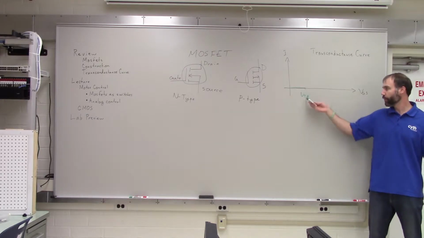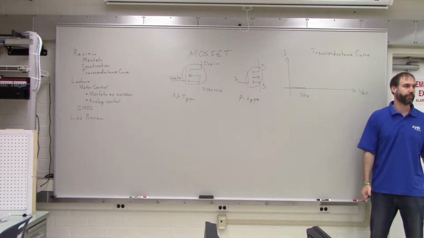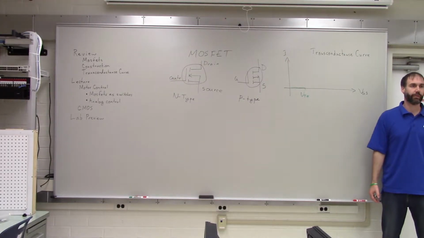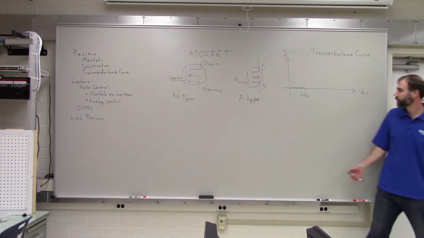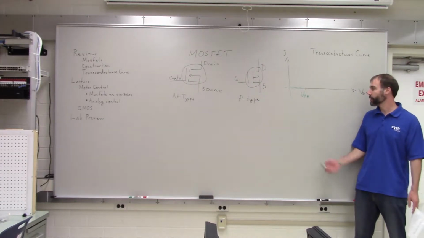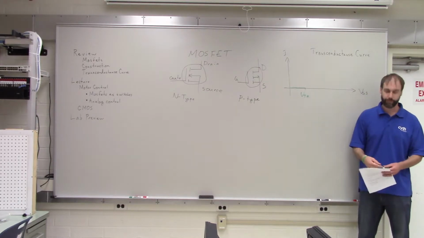Do you guys remember what voltage you measured for the threshold voltage? 3 point something usually, right? Or 2.9 something, somewhere in that range. Usually pretty close to 3 if I recall. It might vary a little bit from device to device, but it was somewhere between 2 and 4 volts.